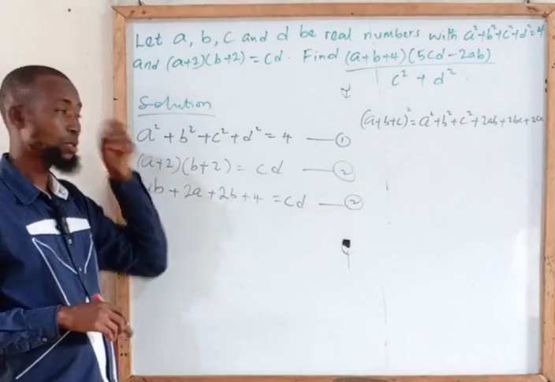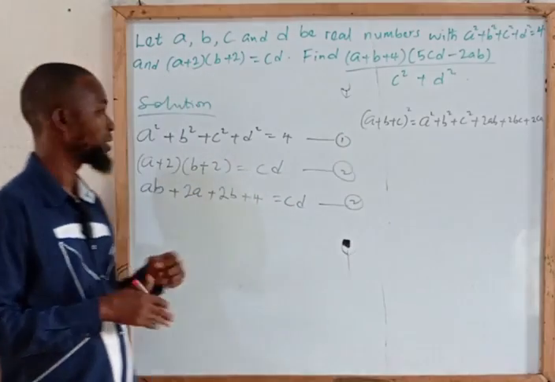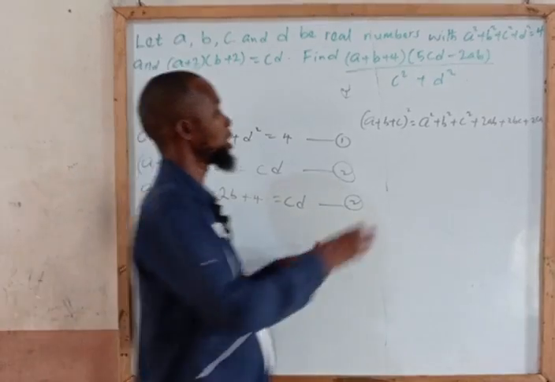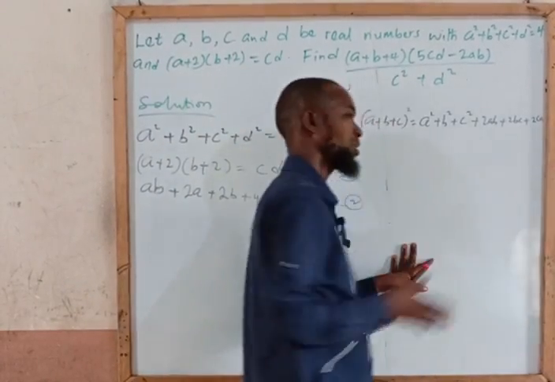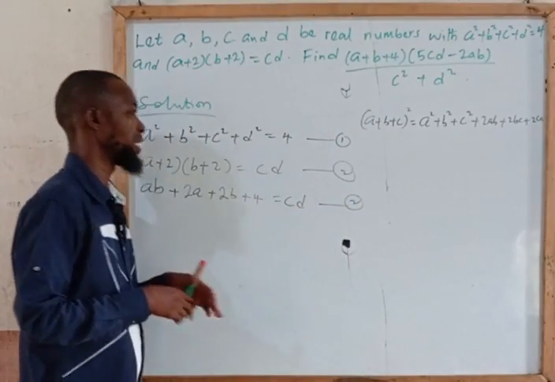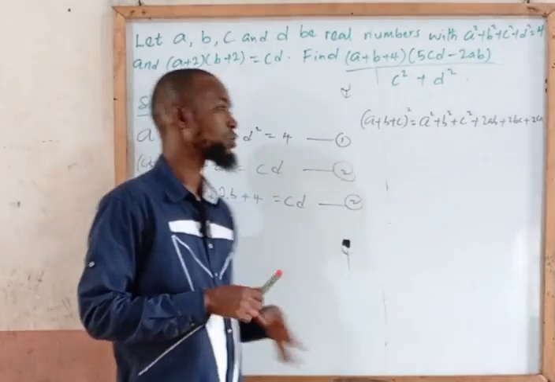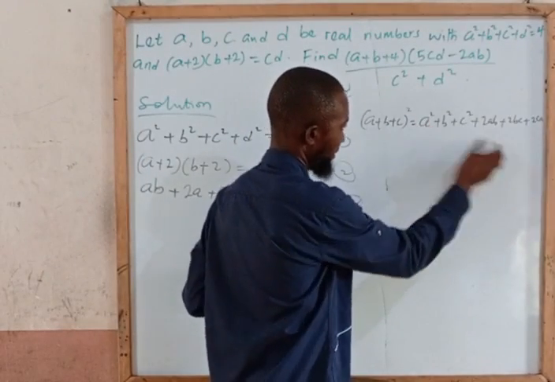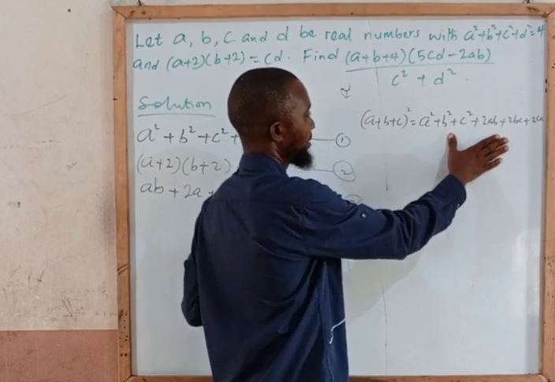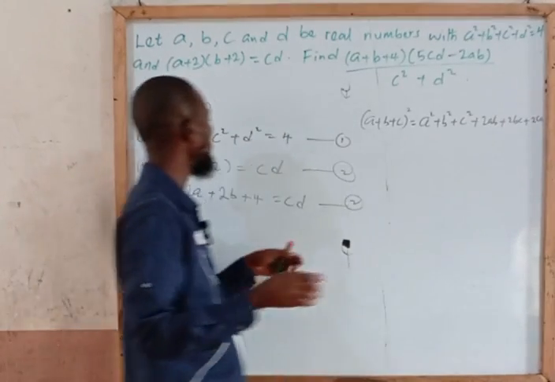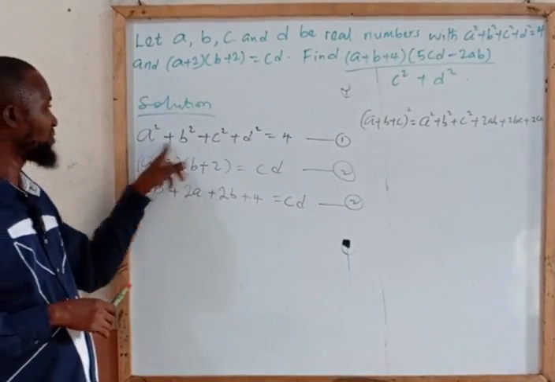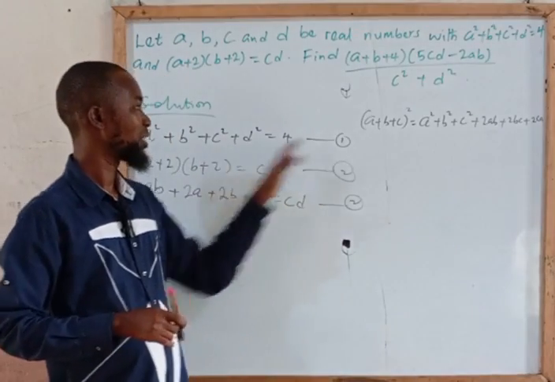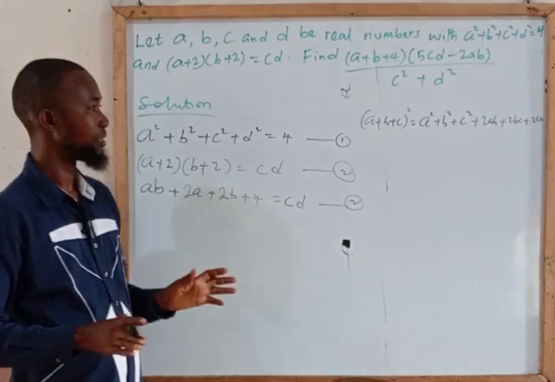Since it has some relationship with this identity, it means if I want to combine equation 1 and equation 2, it must form something of this type. Now let's see the structure of what we want it to form. Look at the right hand side of this identity: everything is squared. Check equation 1: everything is squared. That was the reason why I linked what I have here to this very identity.